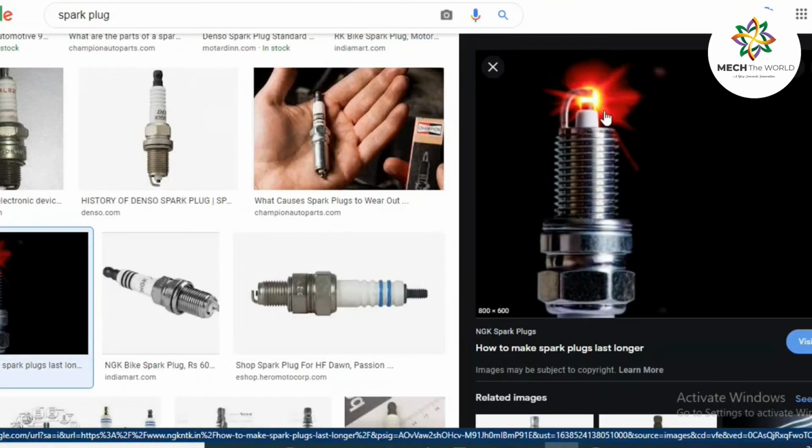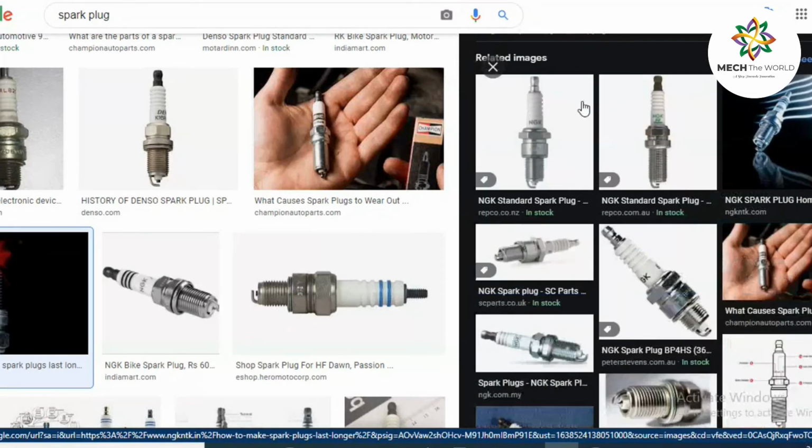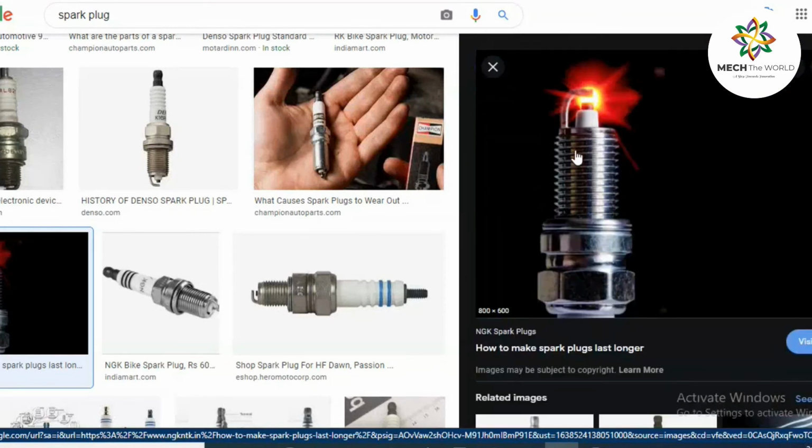Likewise, at this tip it produces the spark, and this spark is used to ignite the high pressurized air-fuel mixture in the piston cylinder mechanism. During this process the temperature of the cylinder is increased to hundreds of degrees centigrade.